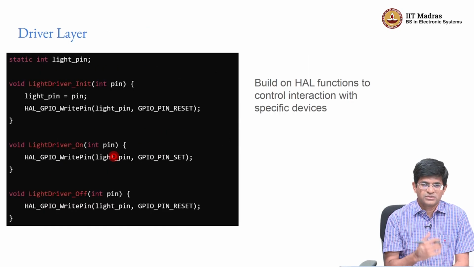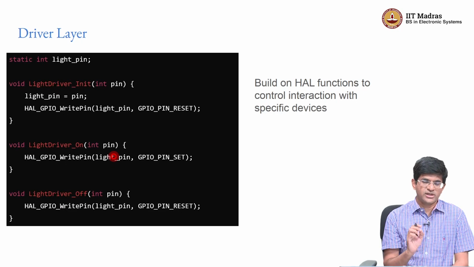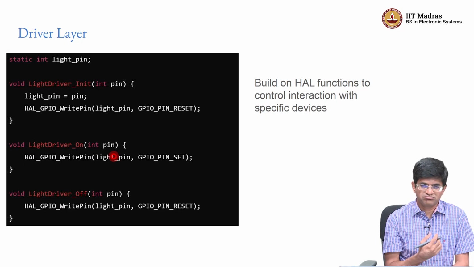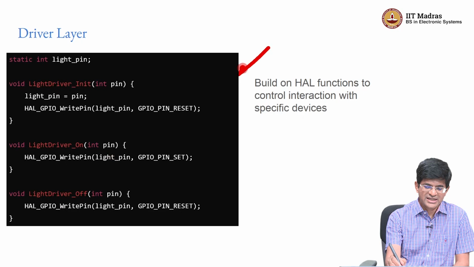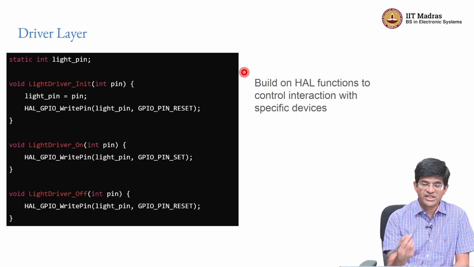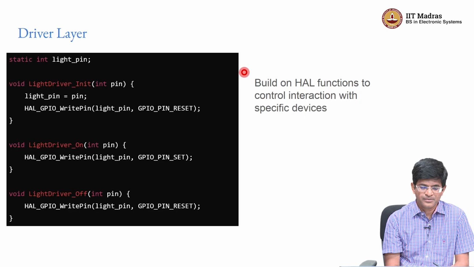Drivers could be one higher level of abstraction where I say, okay, it's not just a pin, this is actually maybe an LED, some kind of a light that I'm interested in controlling. So I need something which allows me to initialize that particular driver. It stores some kind of state which tells me which pin corresponds to which light fitting that I have.